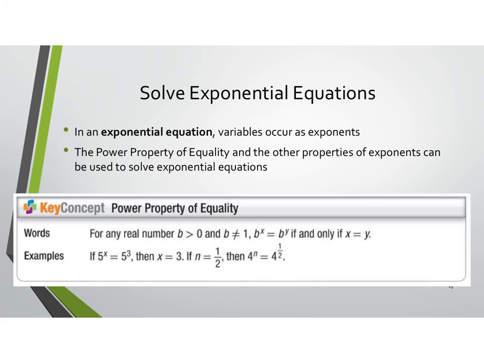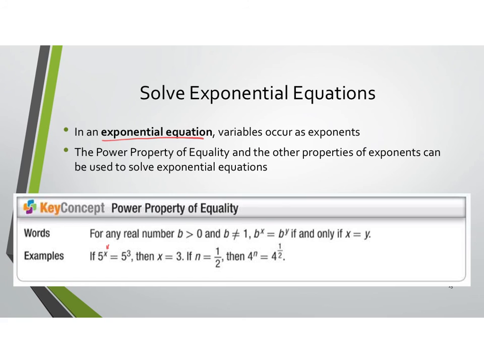So what happens, essentially, when you have an x in the exponent? This is now an exponential equation, and you can see the definition right there. The way we're going to solve this is to make sure both of our bases are the same. That is the goal.